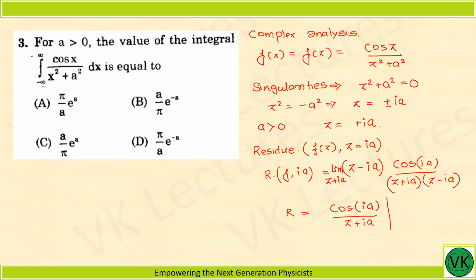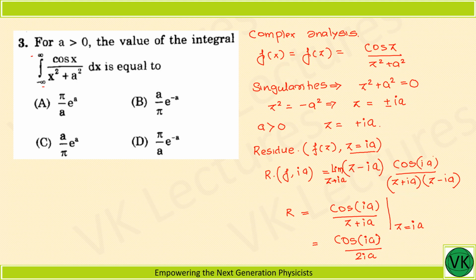Now we need to apply this limit z equal to ia. So let us apply this z equal to ia. What we are going to get is cos of i times a divided by, z equal to ia, so ia plus ia is 2ia.